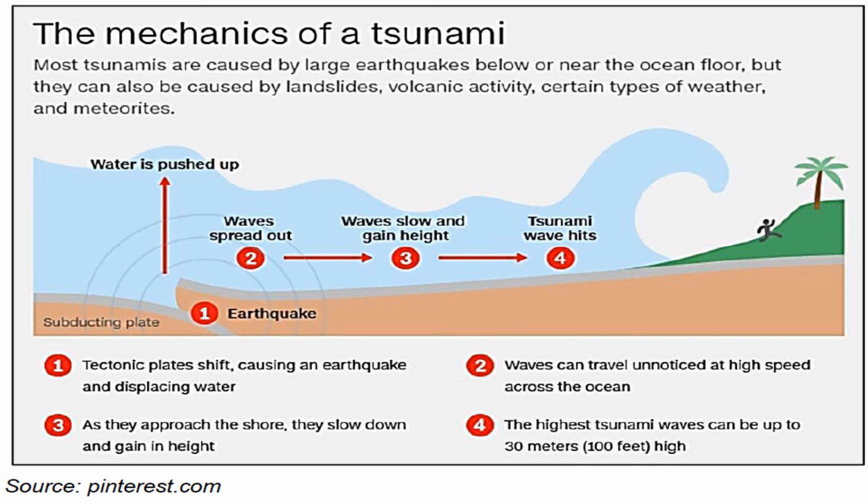As expected, the water at the shore is normally low, but when there is an approaching tsunami, it rises up. The highest tsunami waves can be up to 30 meters, or 100 feet high. So that is quite far up, and quite high.